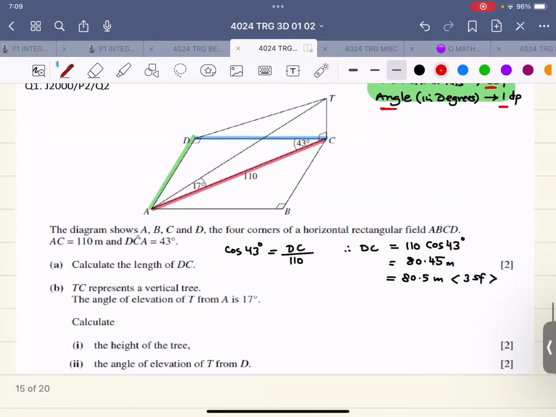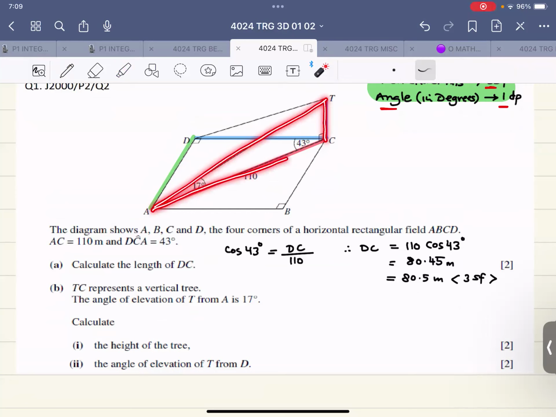Now it says TC represents a vertical tree. So now let me mark this vertical tree. That's right over here. Now TC represents a vertical tree. The angle of elevation of T from A is 17 degrees. Now let me focus on this triangle that's right over here. And if it becomes too confusing, it's a good idea to draw a separate one.